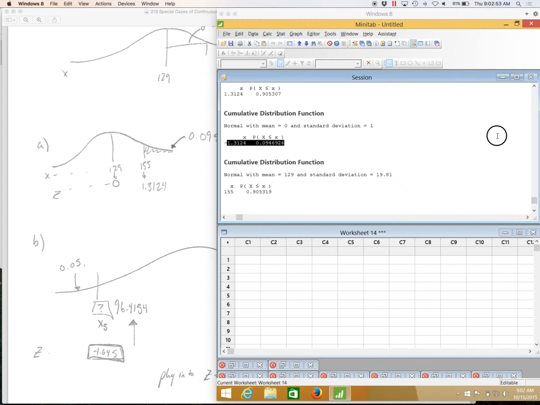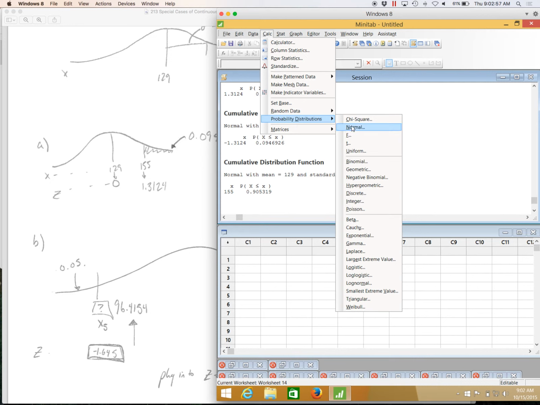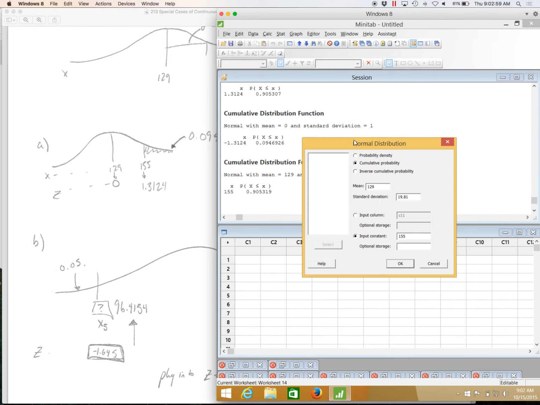The better option is to use Minitab. Here we can use Minitab. We go to normal distribution. Again, let's talk about the standard normal, where we're talking about Z-scores. We need to use this inverse cumulative probability. We use cumulative probability when we have this value and we want this area. When we have this area, like in this case, and we want this value, we need to use the inverse.